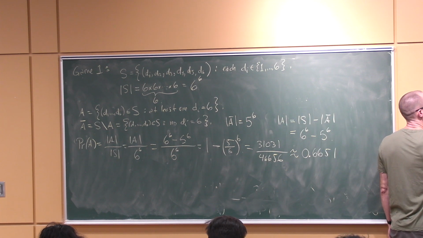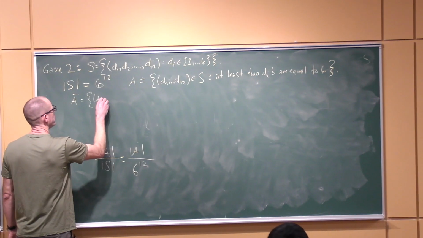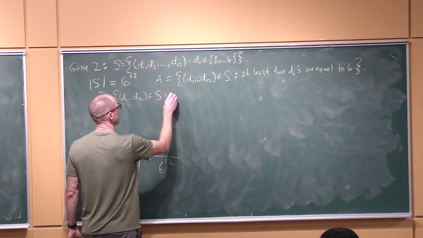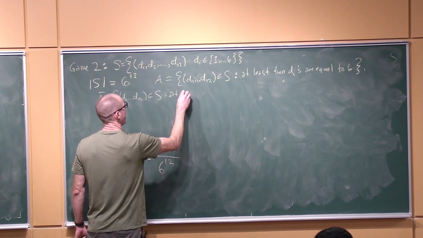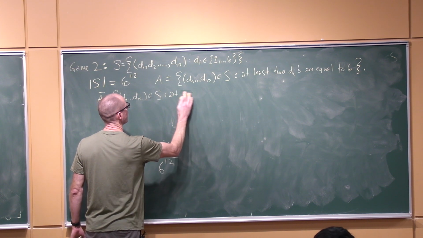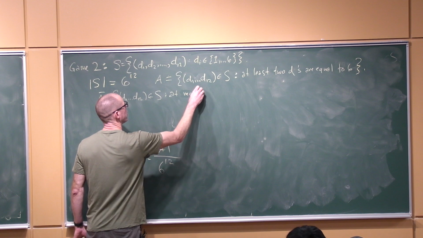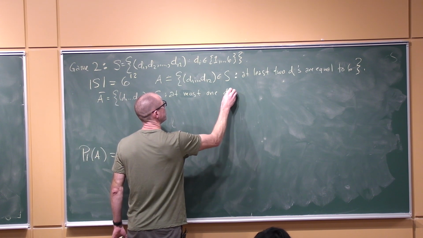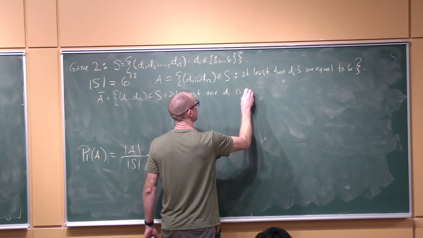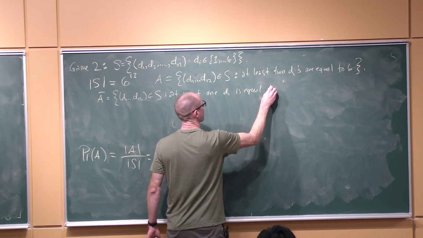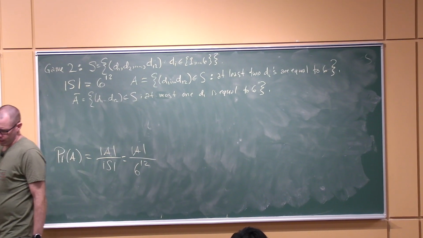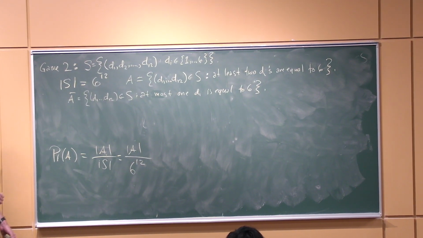So A bar then is going to be D1 through D12 in S such that at most 1 Di is equal to 6. Right? If there's not at least 2, then there's at most 1.